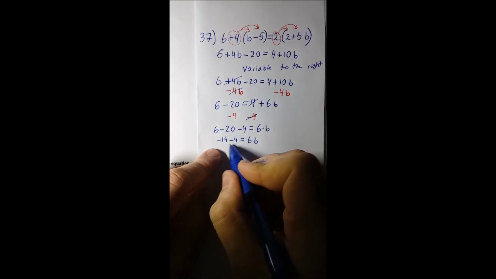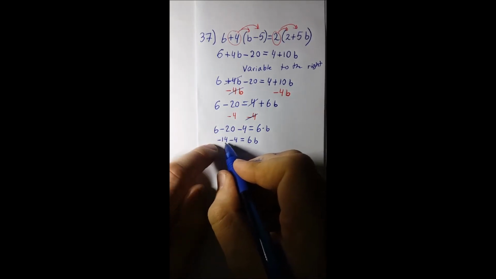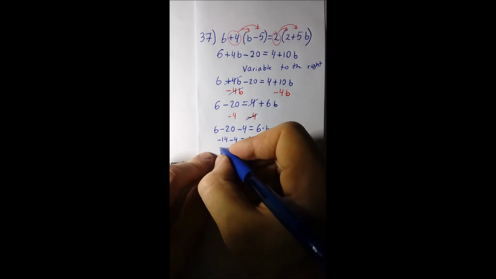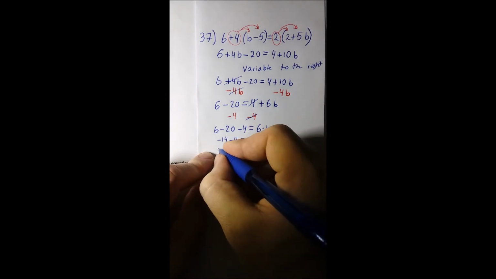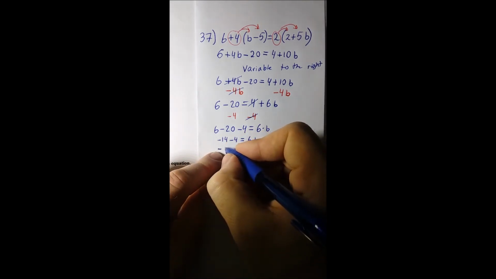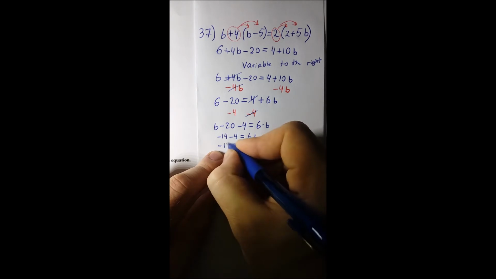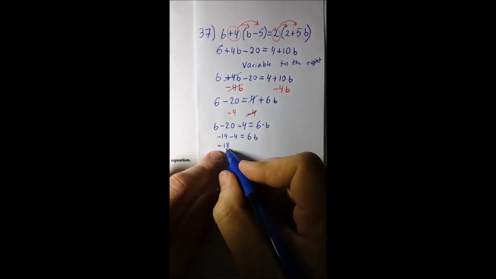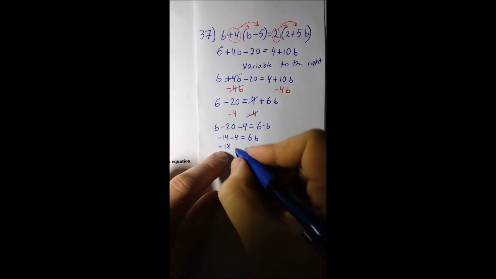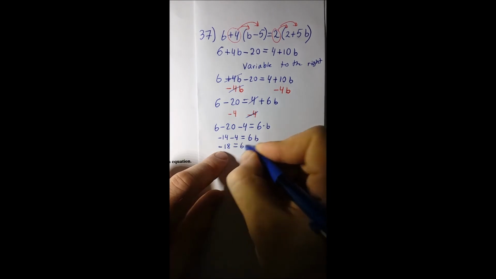Now, with a negative and another negative, when you subtract, basically they turn into an even smaller number, aka a larger negative. I know it's improper in terms of math, but we can just say 14 plus 4 is 18, right? So it's negative 18. It's a smaller number than negative 14. Equals 6b.